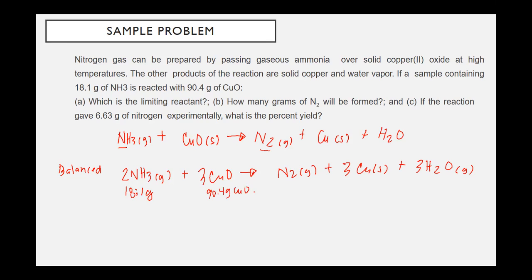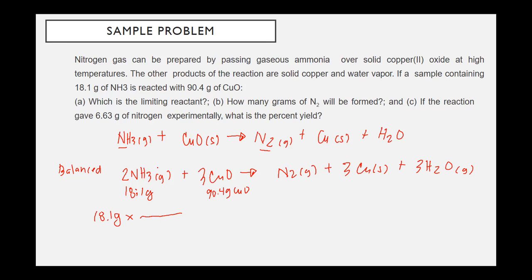So para ma-identify natin yung limiting reactant, kailangan nating hanapin yung moles na na-consume ng 18.1 grams NH3 and moles na na-consume ng 90.4 grams CuO. So, paano ulit natin kukunin ang moles? We have grams. We divide it by the molecular weight.